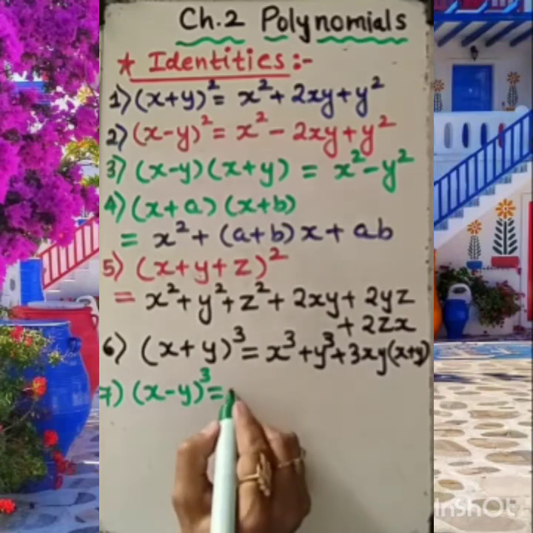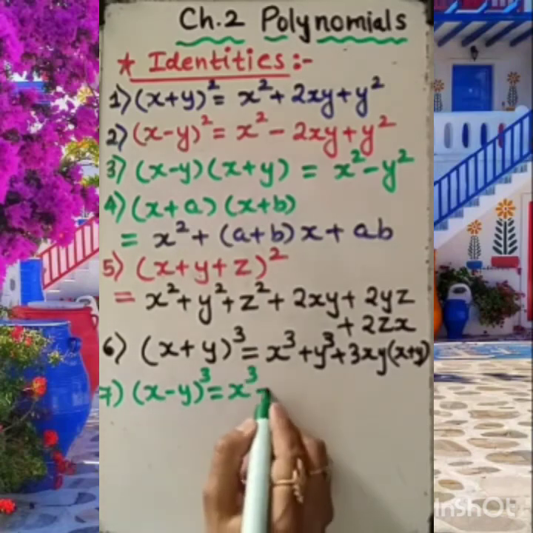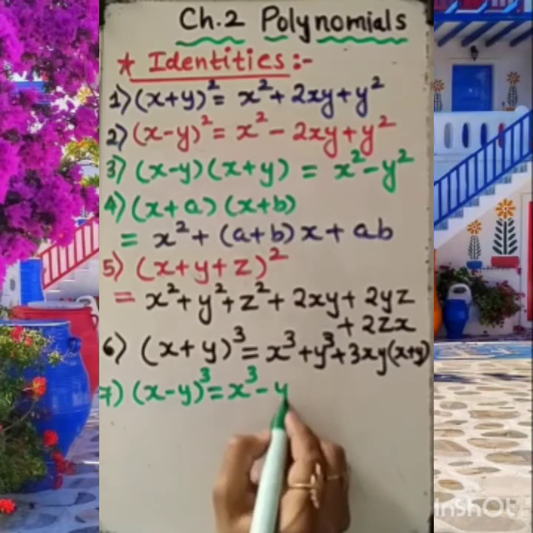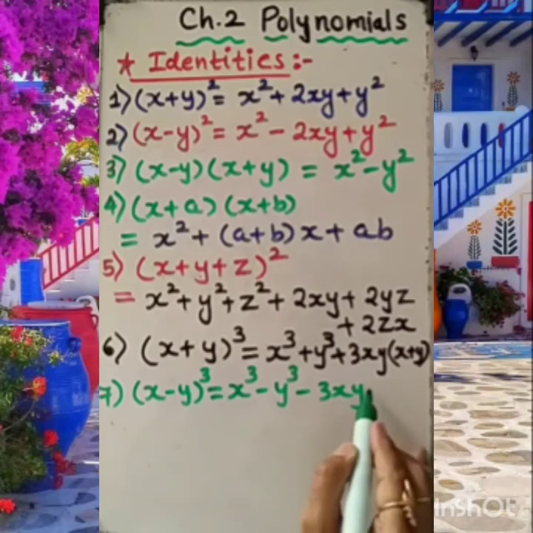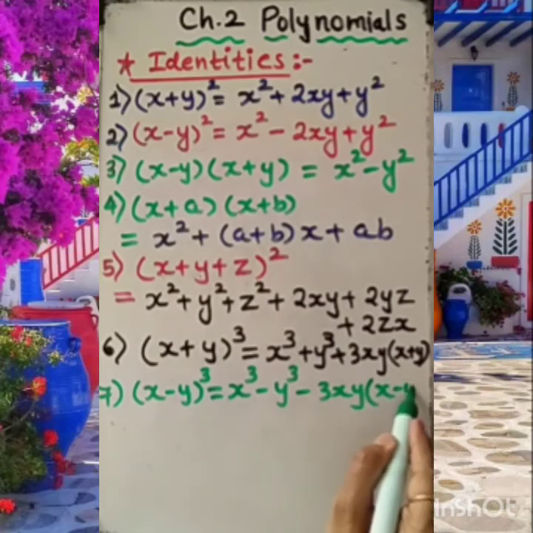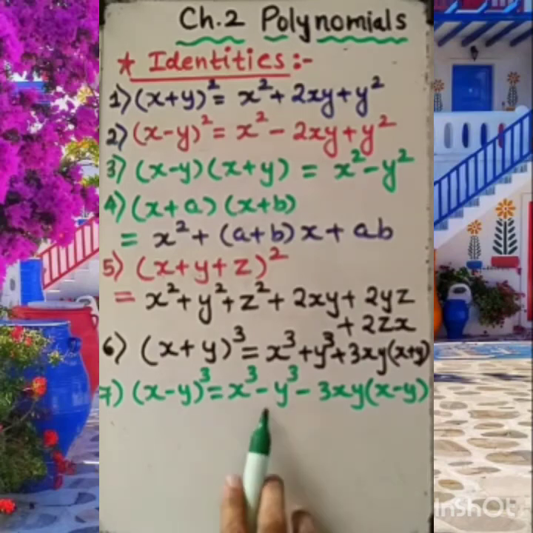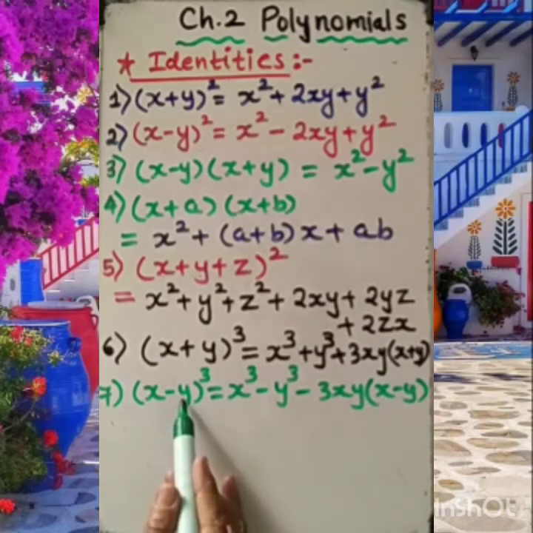Then how much does the sign change? Let's see. x cube minus y cube minus 3xy(x minus y). This is our identity. In place of plus, all the way you can see minus is there. Right?